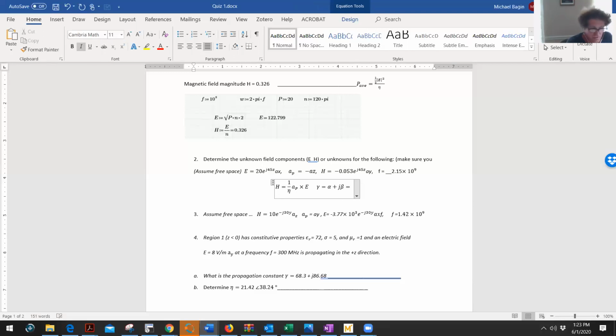And that's equal to the square root of j omega mu times sigma plus j omega epsilon.